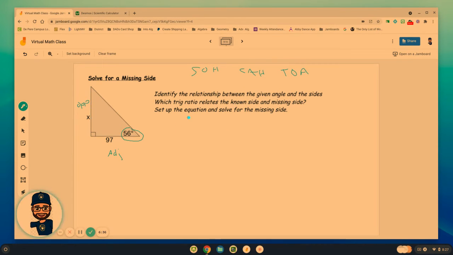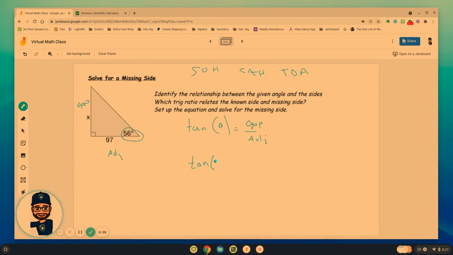And so we are going to have tangent of whatever angle we're using. I'm going to just put theta equals the opposite over the adjacent. And we're going to fill in the information that we know. It's tangent of our angle. But what angle measure are we using here?